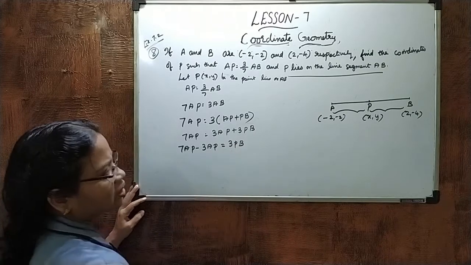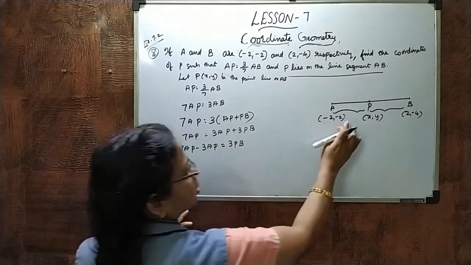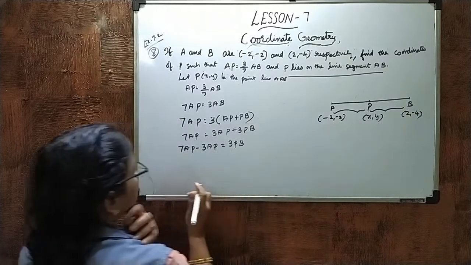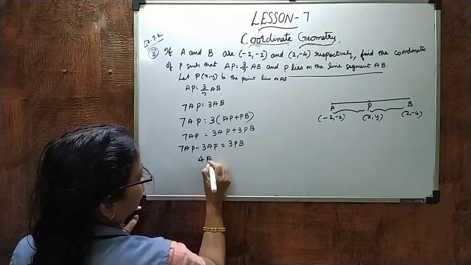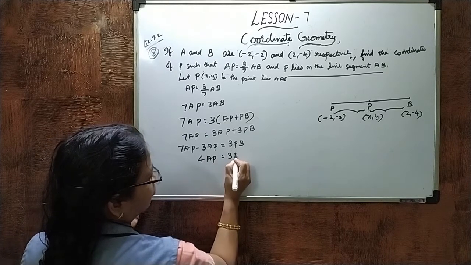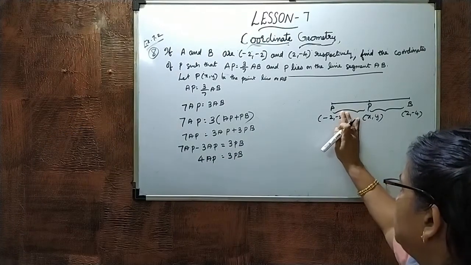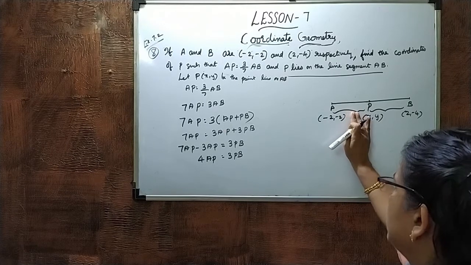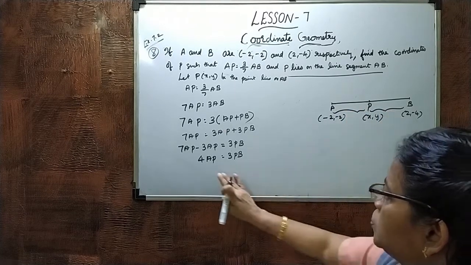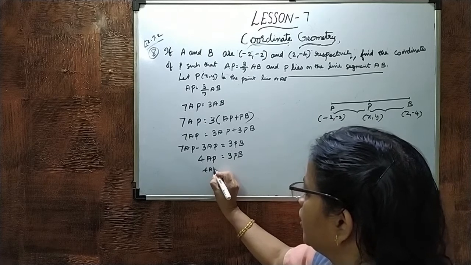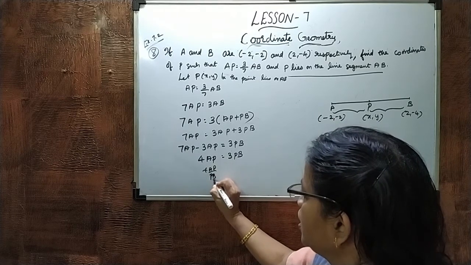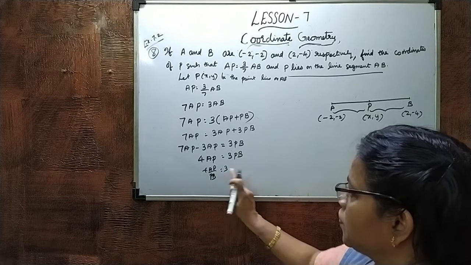Then what is the next step? We want the ratio of AP and PB. So 7 AP minus 3 AP will be 4 AP equals 3 PB. AP and PB is the ratio, so we want AP by PB. So take PB to this side. 4 AP by PB equals 3. Take this 4 to this side.